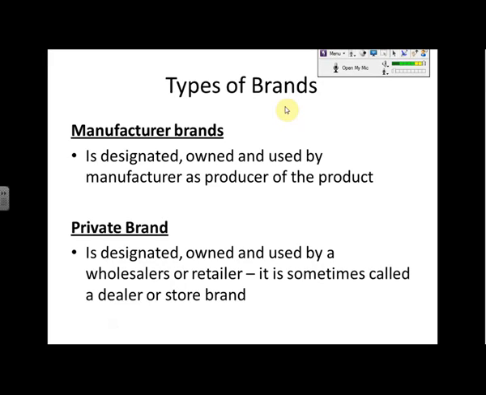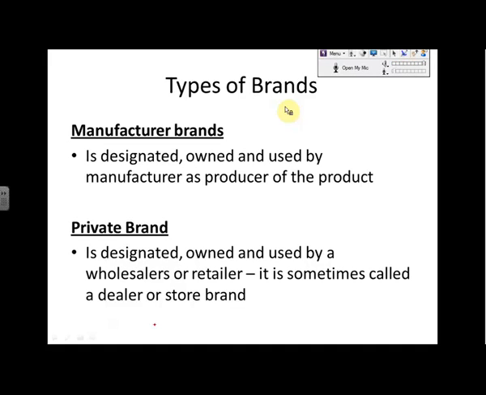These are designated, owned, and used by a wholesaler or retailer. It is sometimes called a dealer or store brand. Examples that we can find here is, you can go to Pick and Pay, you will see what are known as what? No-name brands. Those are designated and owned by what? By Pick and Pay as a retailer.